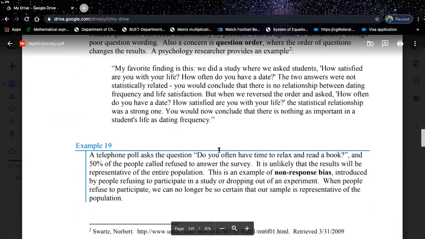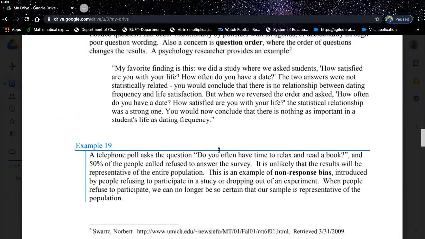It says a telephone poll asks the question, do you often have time to relax and read a book? And 50% of the people called refuse to answer the survey. Now, where does the problem lie?